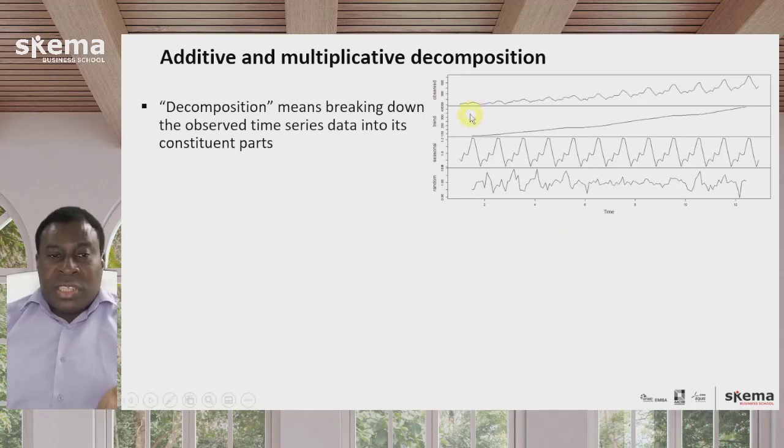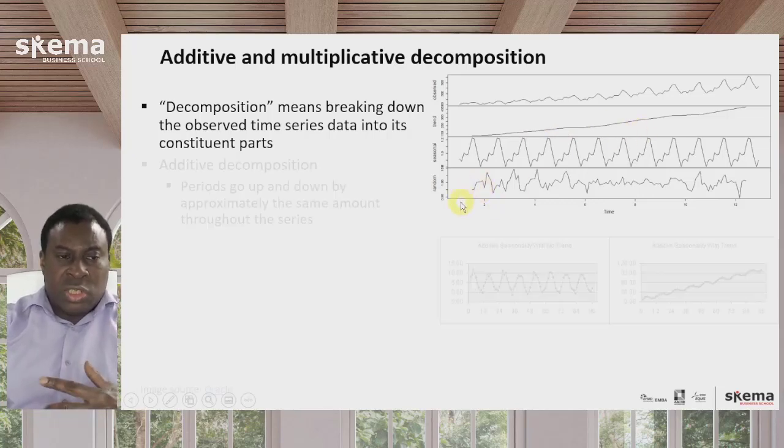Decomposition is how time series analysis looks at observed data like this and breaks it down into the trend, seasonality, and randomness. And there are two distinct ways, at least from a mathematical perspective, that when you've broken these things down, you bring them back together to make future predictions.